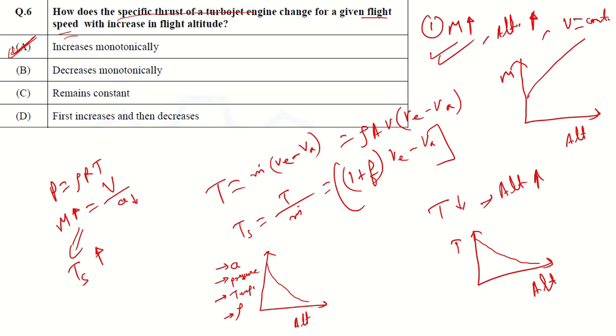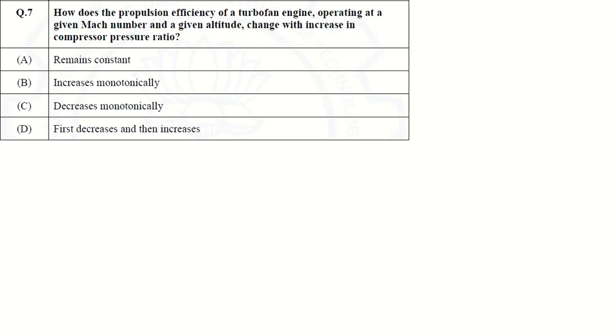Now, next question: how does the propulsion efficiency of a turbofan engine operating at a given Mach number and given altitude change with increase in compressor pressure ratio? Specific thrust versus compressor pressure ratio first increases and then decreases.